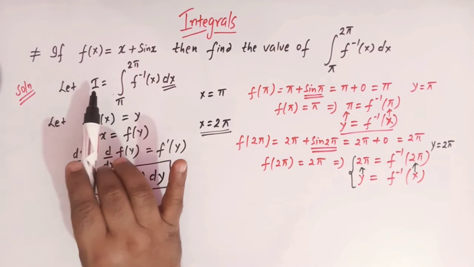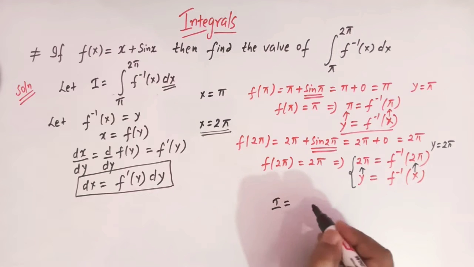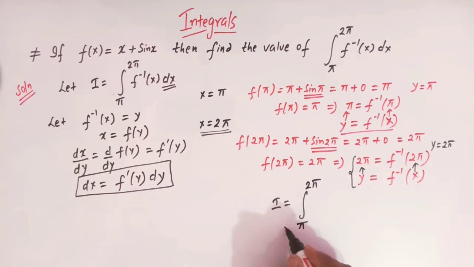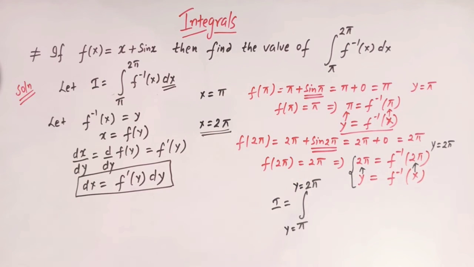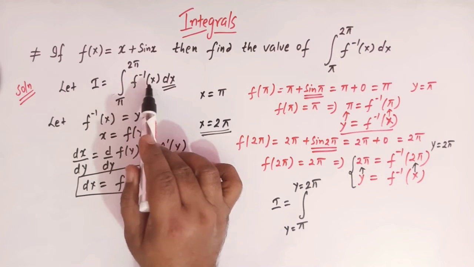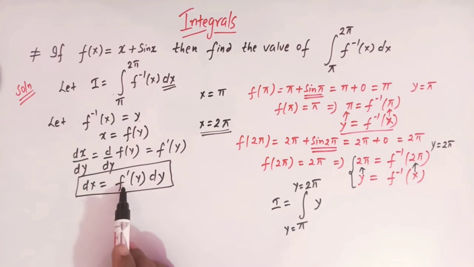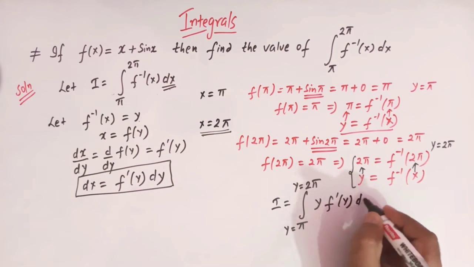So now we can express this integral I as integral from pi to 2 pi. Here we have y is equal to pi, here we'll have y is equal to 2 pi, and for f inverse of x we can write y, and for dx we can write f prime of y dy.